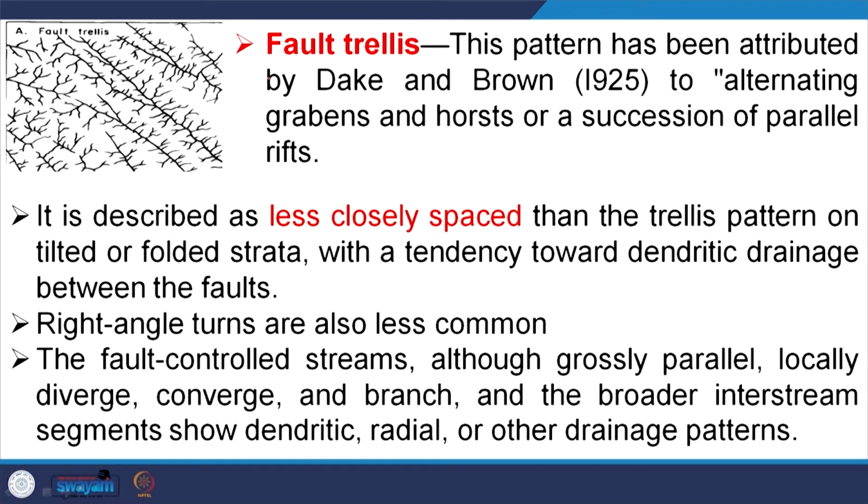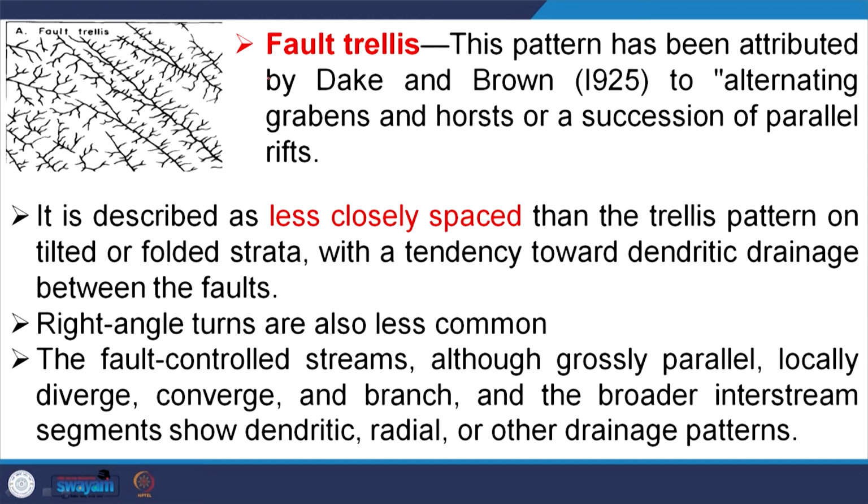Right angle turns are also less common. The fault controlled streams, although grossly parallel, locally diverge, converge and branch, and these broader interstream segments show dendritic, radial and other drainage patterns. So, these are the characteristics within the horst and grabens.